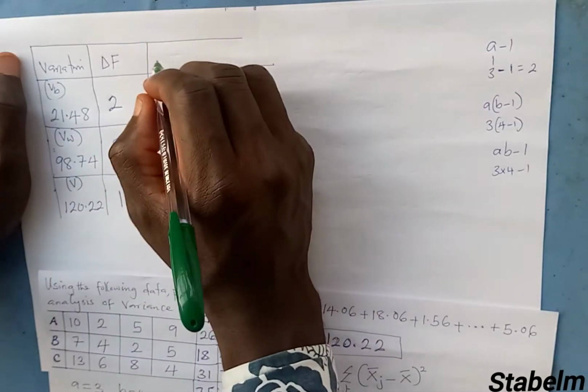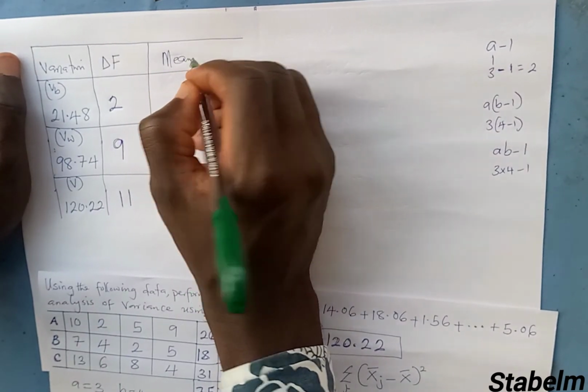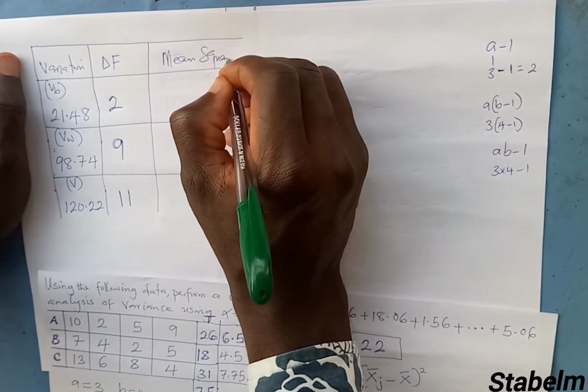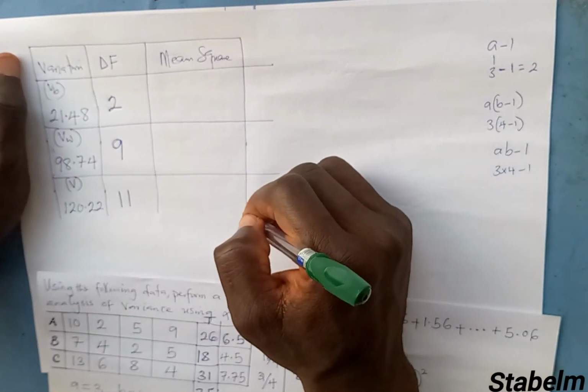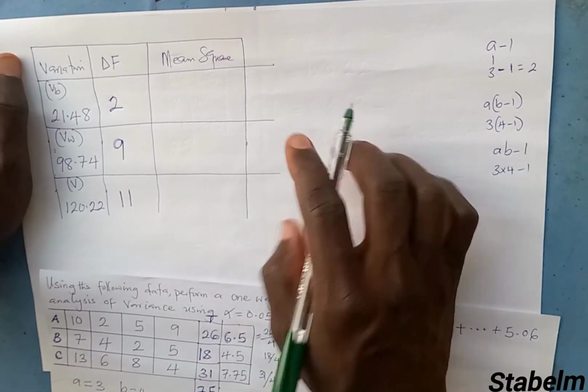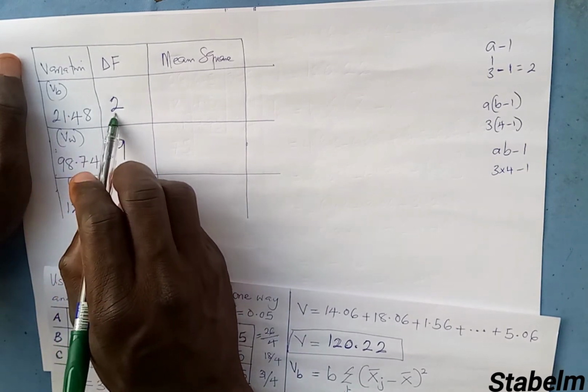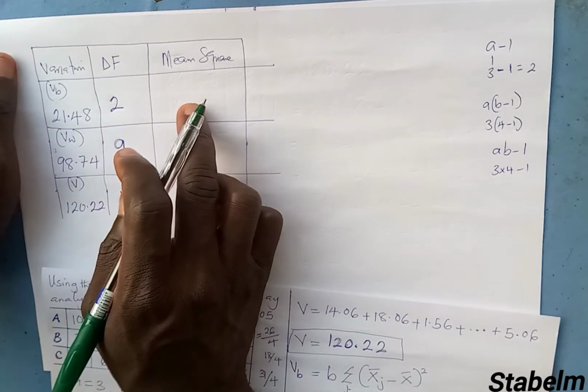The next column is the mean square. How do you get our mean square? This value divided by this value will give us this value here.